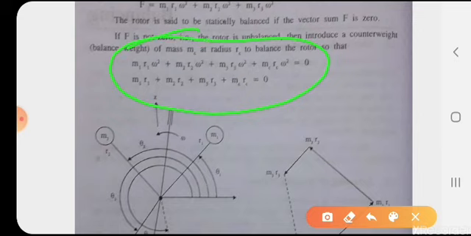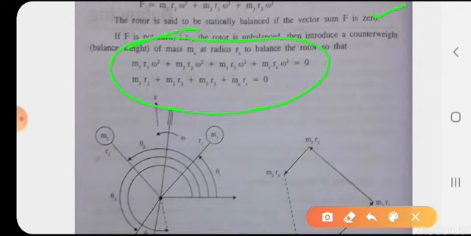m1 r1 omega square plus m2 r2 omega square plus m3 r3 omega square plus mc rc omega square equal to 0. This is the meaning of the rotor being statically balanced, when the vector sum of F is equal to 0.